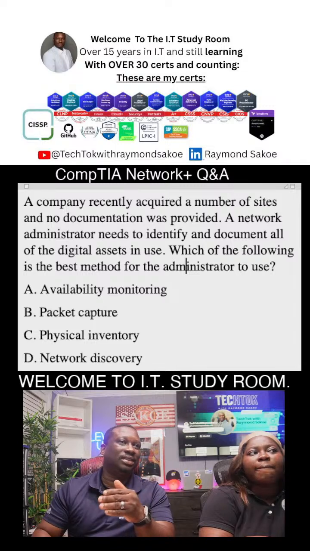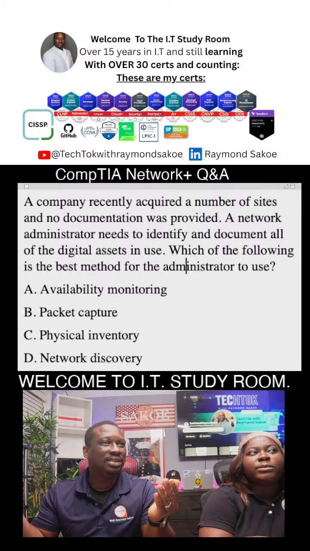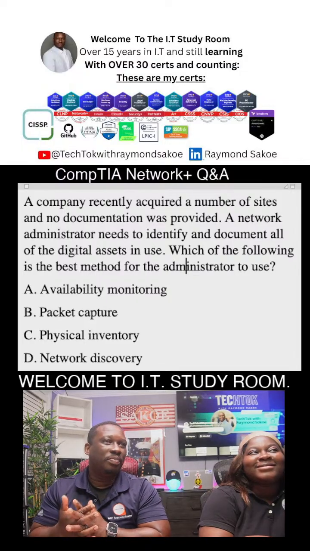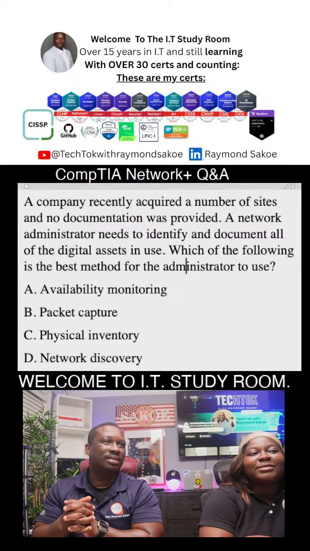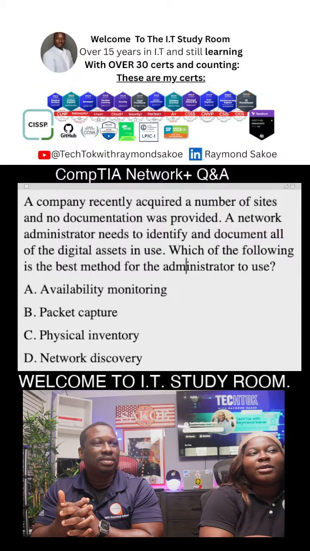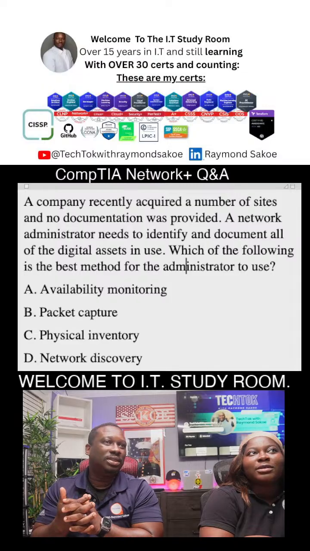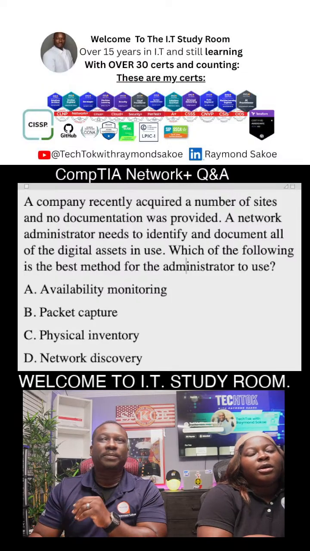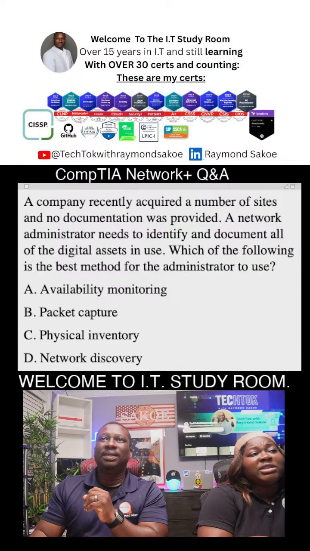However, if it's just a general IT task, then you may or may not perform some of these tasks, right? Some companies wouldn't deal with packet capture. So yeah, it depends. William, I hope that makes sense.